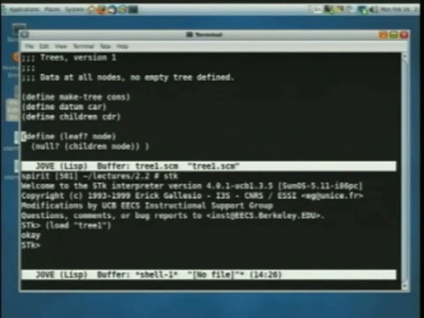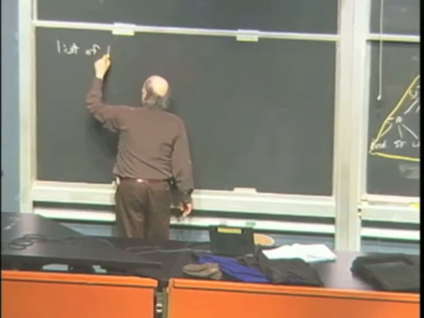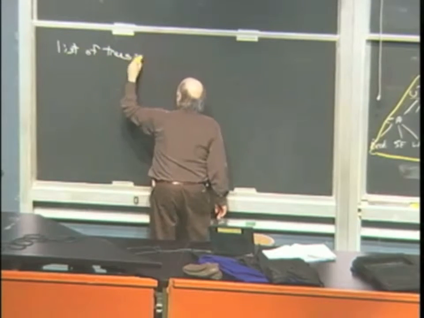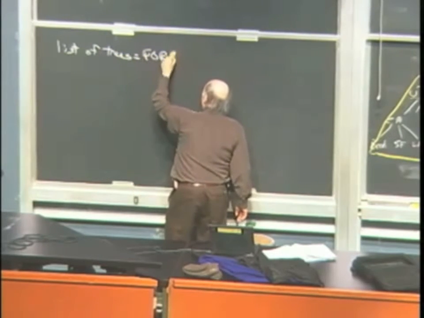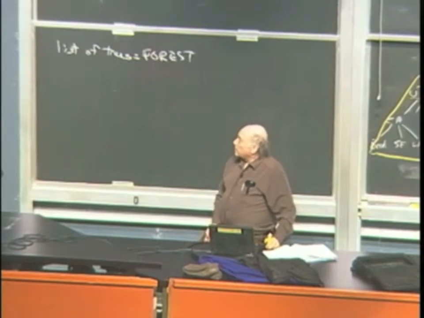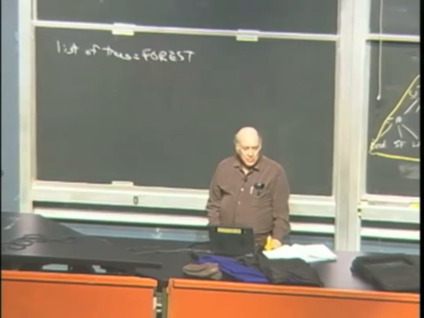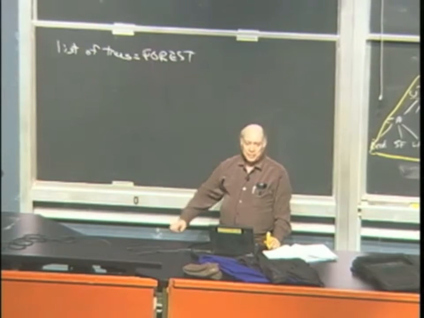So it's a list of trees. There's a name for a list of trees. It's called a forest, for obvious reasons. And there isn't any abstract data type for forest, because a forest is just a plain old sequential list. So like all plain old sequential lists, we can use car and cdr to find elements and sublists, respectively.